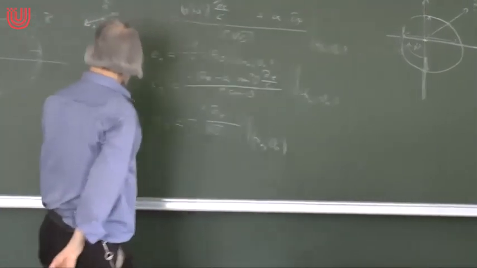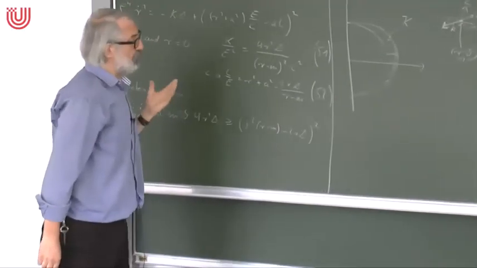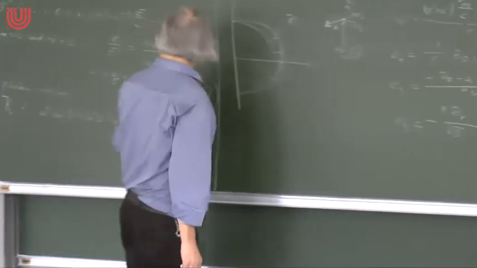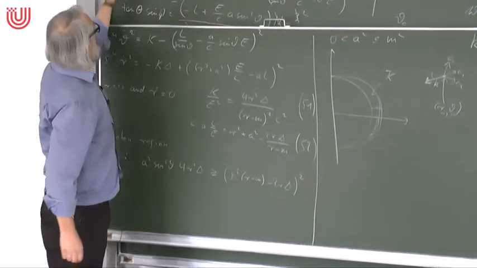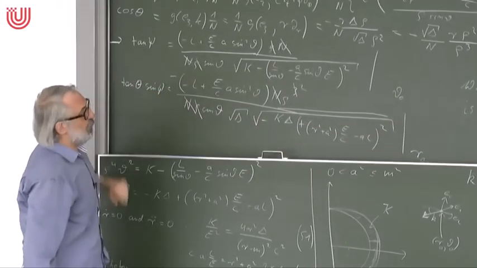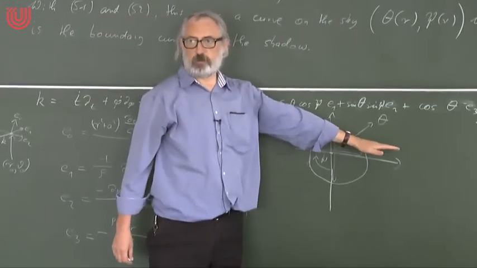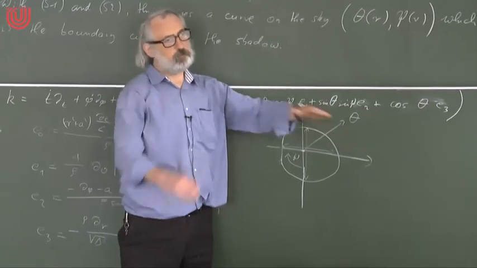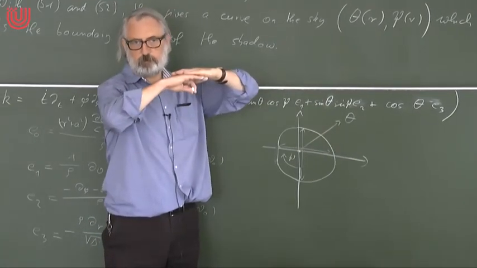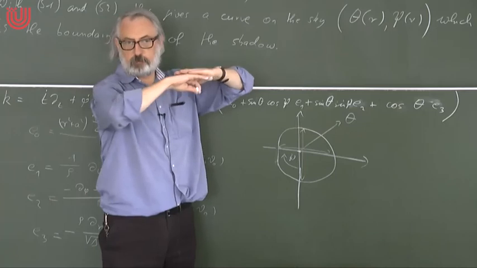And what's very, very important and very surprising, which can be read from these formulas here: if we analyze this carefully, then you see that the shadow is always symmetric with respect to the horizontal line, which is very surprising. Well, if you're on the equatorial plane, if theta is always pi half, then you would expect the thing to be symmetric.